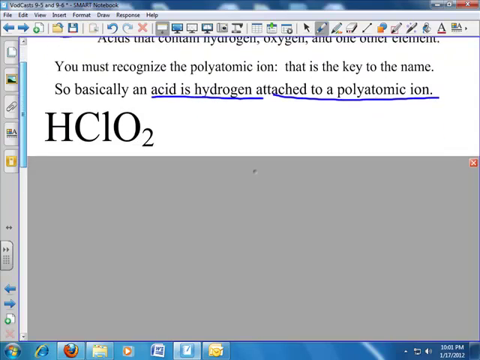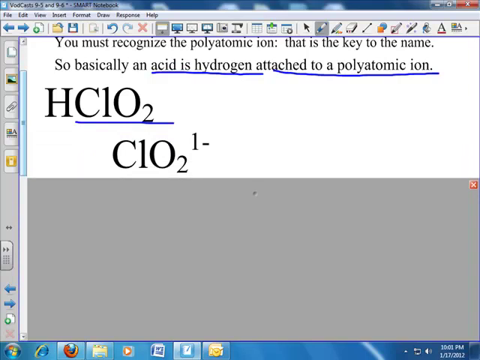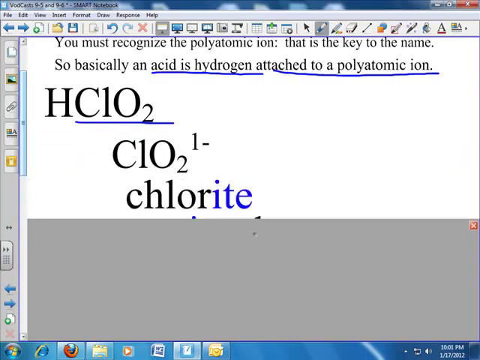So right here, one of the things to recognize is that you have a polyatomic ion. That polyatomic ion is ClO2. Now you go to your polyatomic ion sheet and look up what ClO2 is as far as a name, and its name is chlorite. Now I need to name this acid.